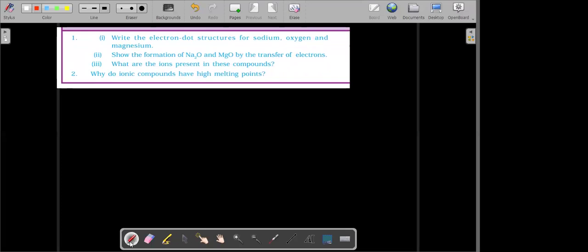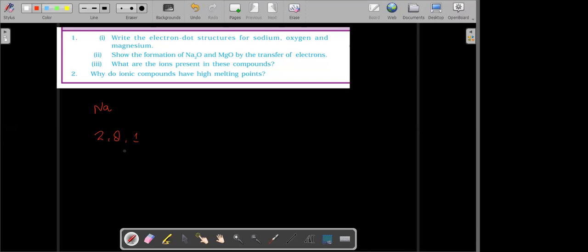For the first question, we'll write sodium, represented by its symbol Na. And how many valence electrons are there for sodium? Its electronic configuration is 2, 8, 1. So its valence shell has just one electron. So we'll represent it by one dot.